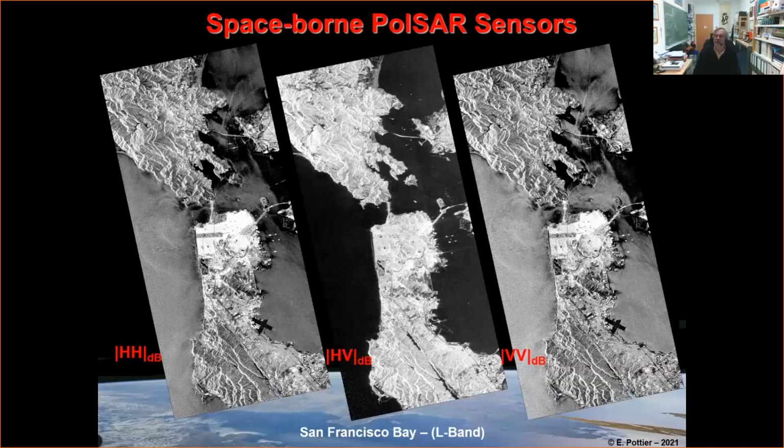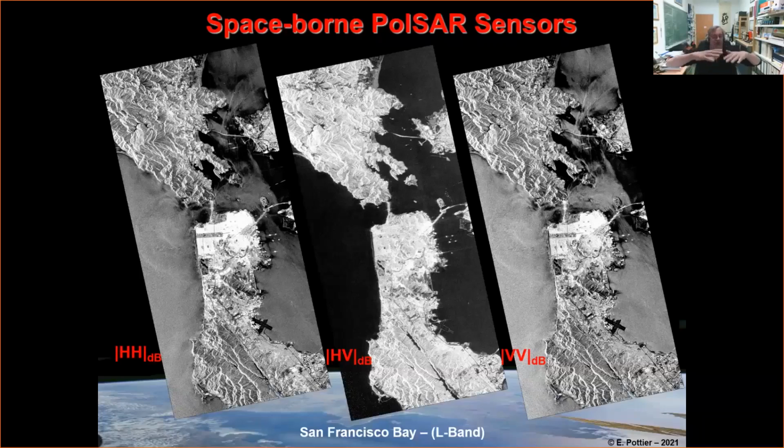Not HV. I said at the beginning, as you can see here, between HH and VV. Not HV. You can see HV on the image in the middle of the slide. You can see that HV is very dark. So it means that you have no depolarization.